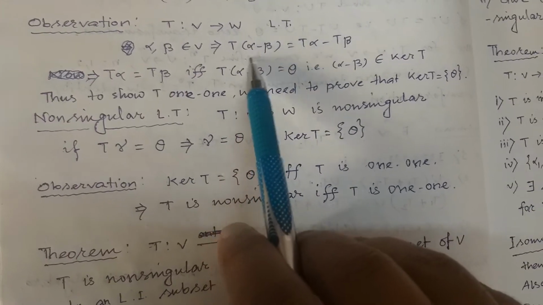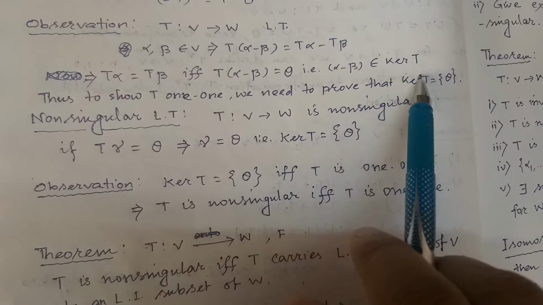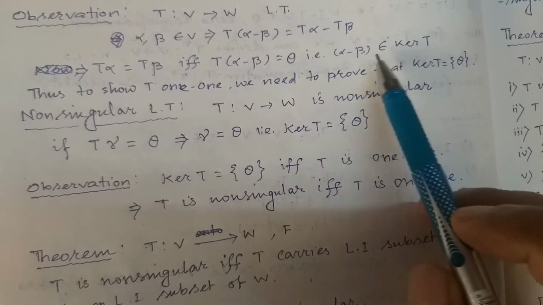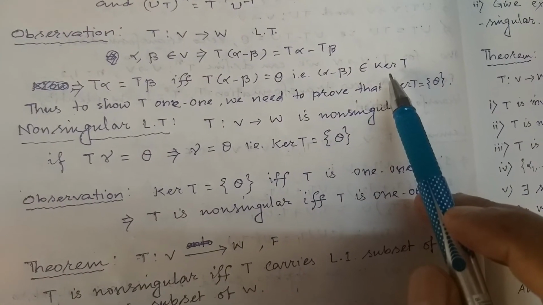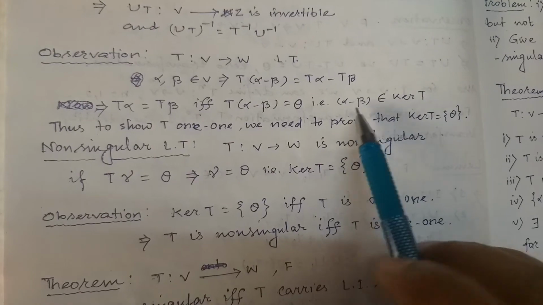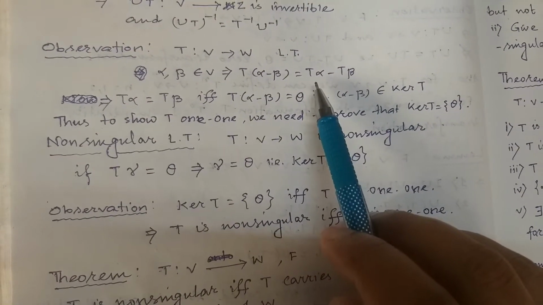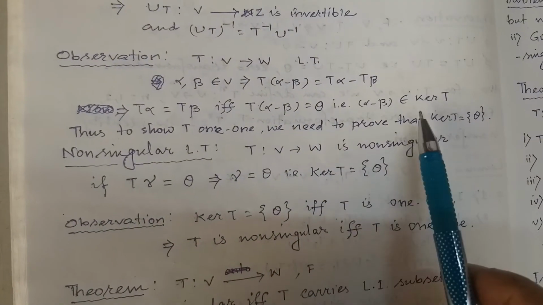Again, this quantity is theta means alpha minus beta belongs to ker T. Alpha minus beta belongs to ker T means alpha minus beta equal to theta, but it does not imply alpha equal to beta.